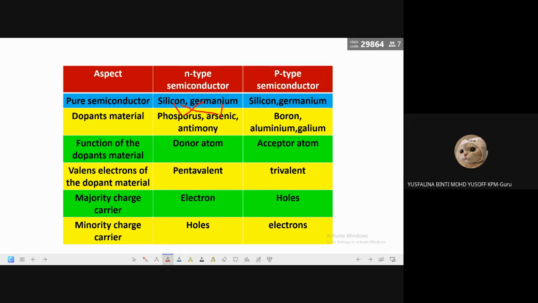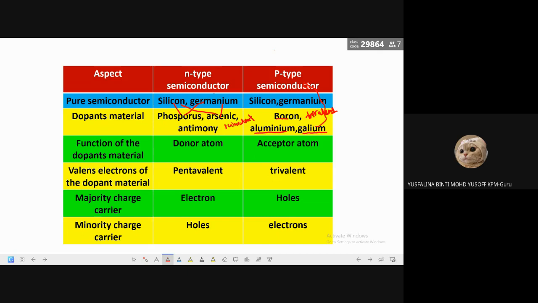And for the P-type semiconductor, silicon and germanium also, of course, the pure semiconductor, and you can dope it with boron, aluminium, and also gallium. So this is the dopant material that you can use to produce the P-type semiconductor. The 3 of these for N-type are pentavalent, and these for P-type are trivalent.